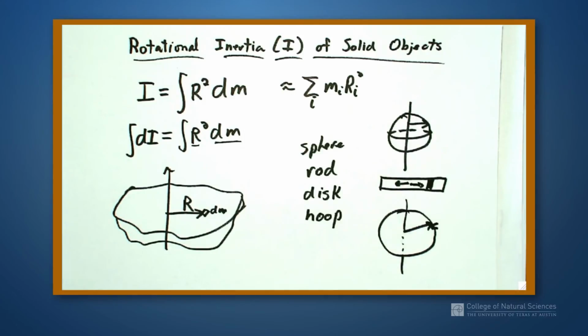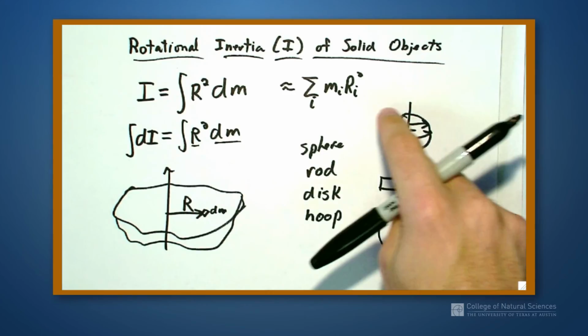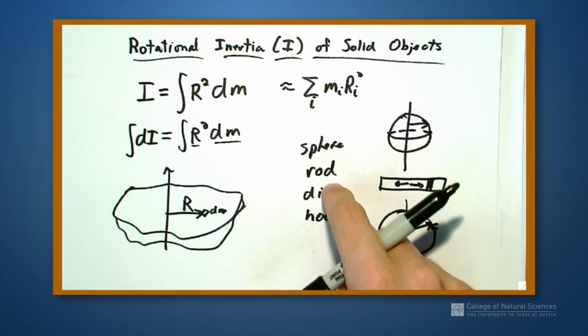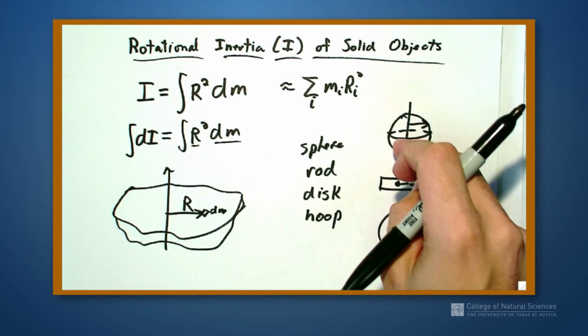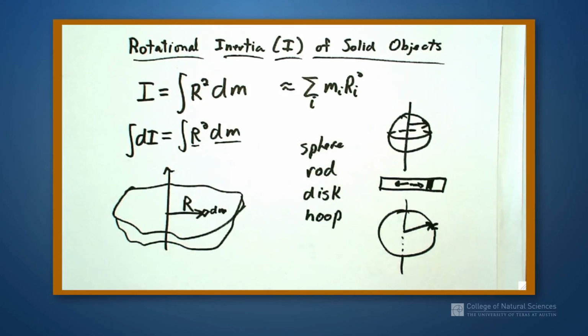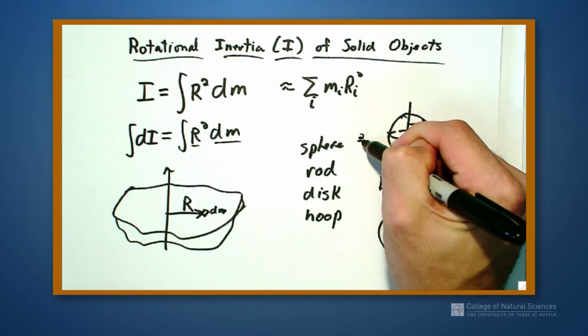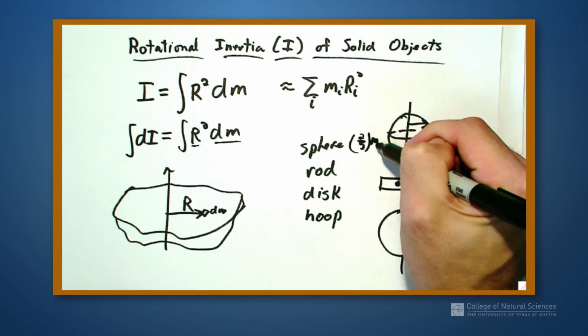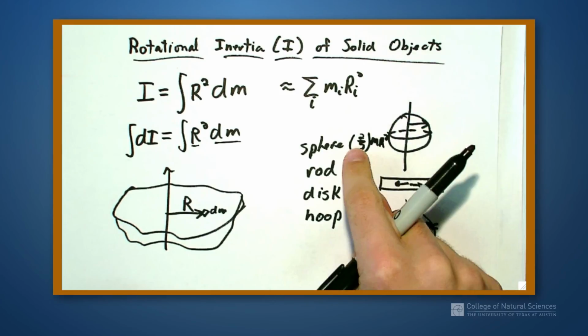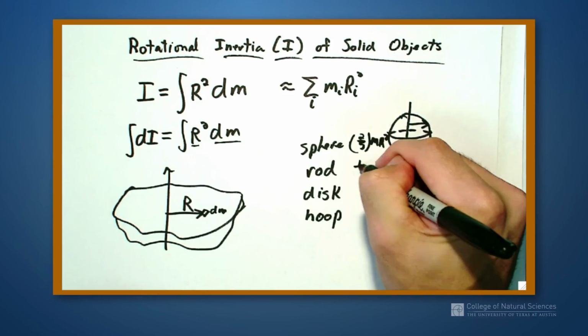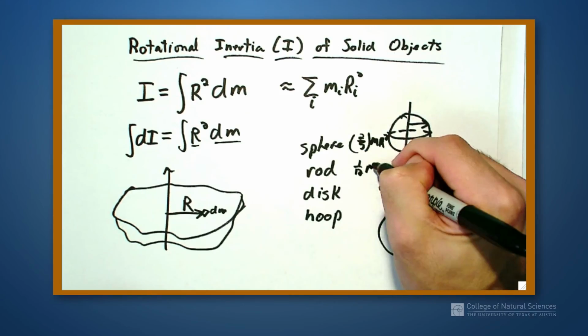So this is the full form of rotational or moment of inertia for solid objects or continuous objects. When we actually solve these shapes using this equation, we will find where we get these coefficients, like the 2/5 mr squared. Where does that 2/5 come from? Why is it different from the 1/12 ml squared in this case?